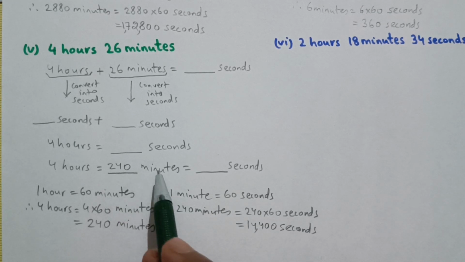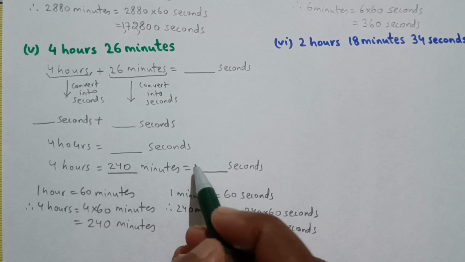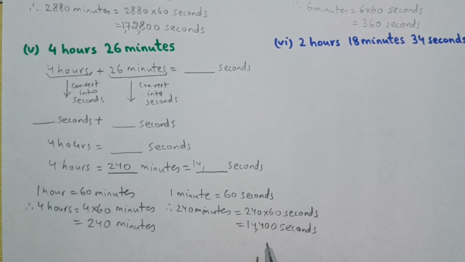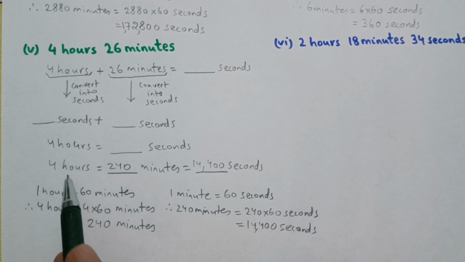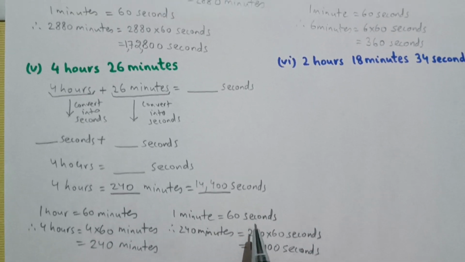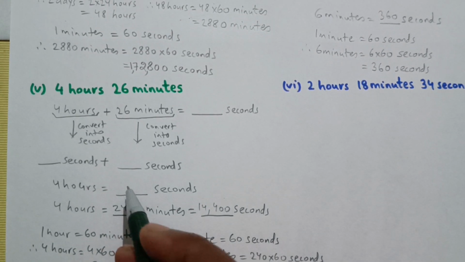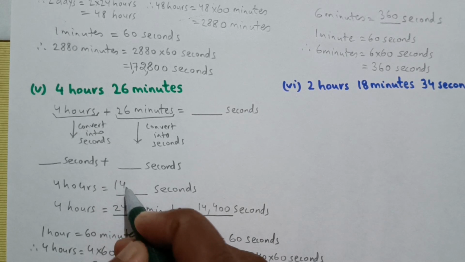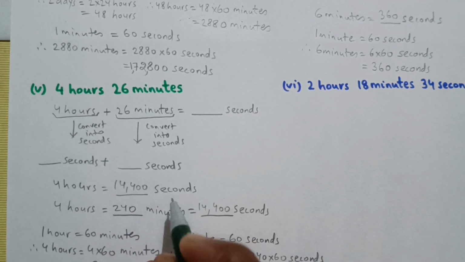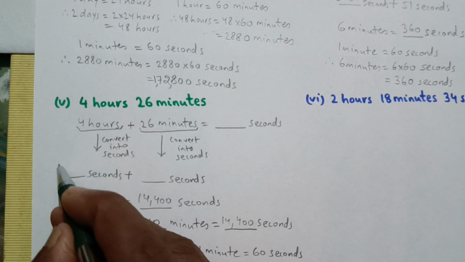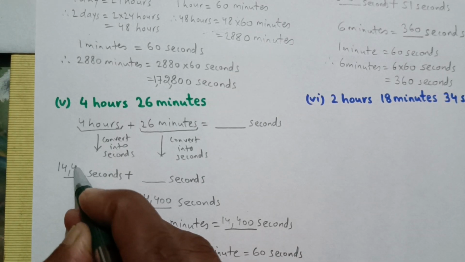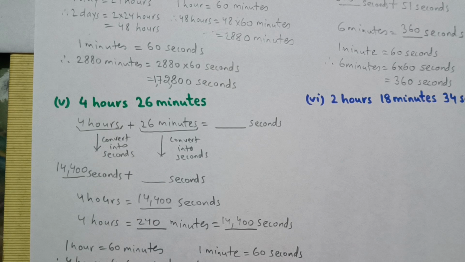So 240 minutes is 14,400 seconds. So 4 hours is 14,400 seconds. We have converted 4 hours into seconds.